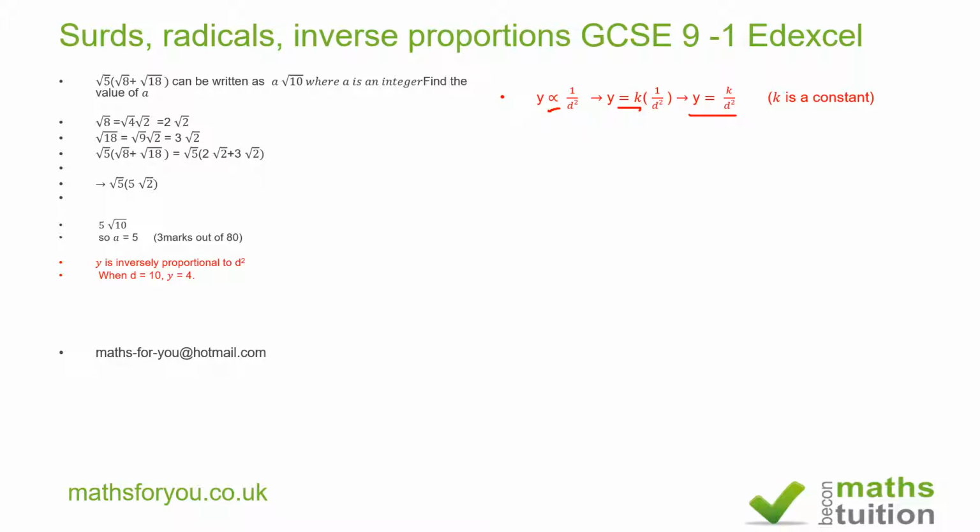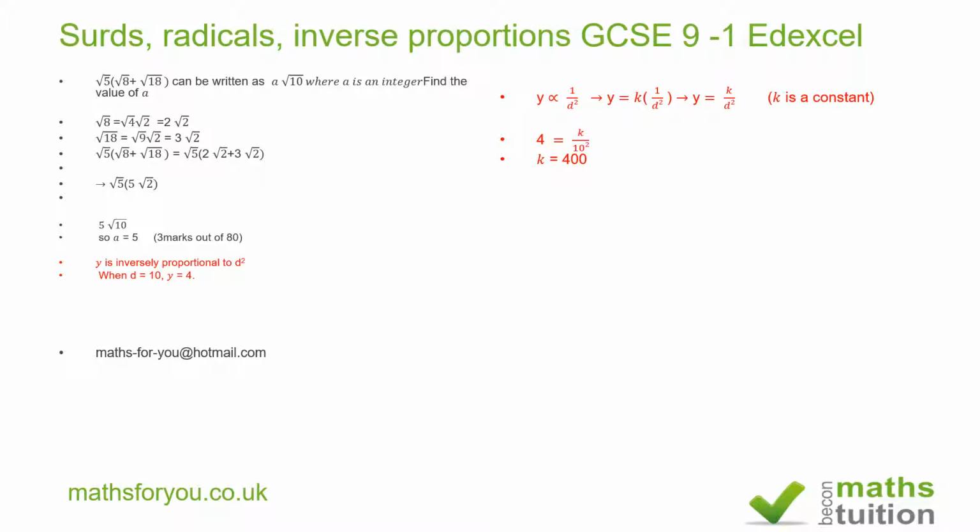Now we find the value of k using the fact that when d is 10, y is 4. So 4 is equal to k over 10 squared, and 10 squared is 100. 4 times 100 gives us that k is 400. I think for that you get 2 marks if you get all that right.